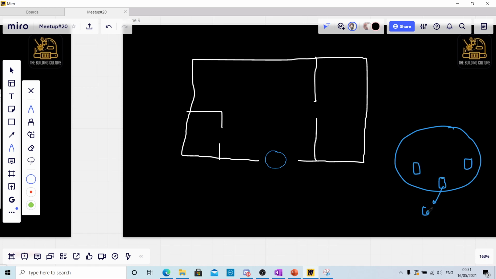This is a caster wheel, which is not actuated, and these two wheels have motors, and they also have encoders. And this encoder is basically used to find the position of the robot based on the wheel movement. So this can directly be used to determine.